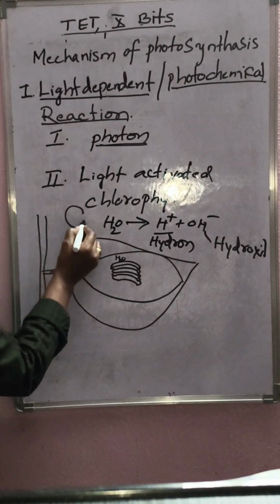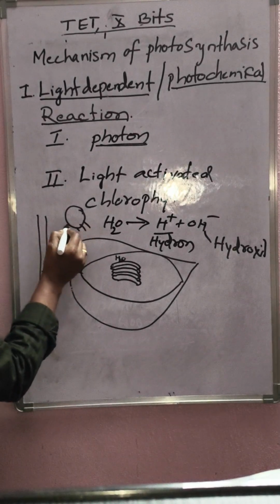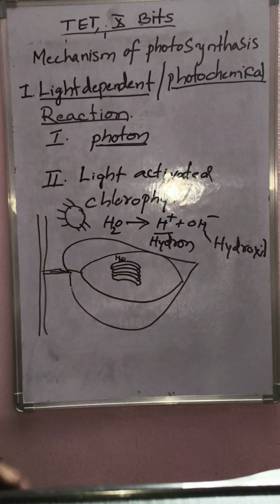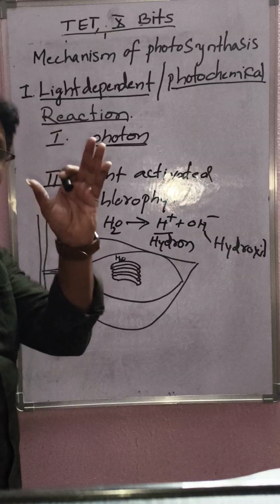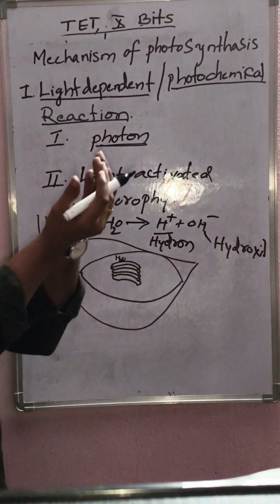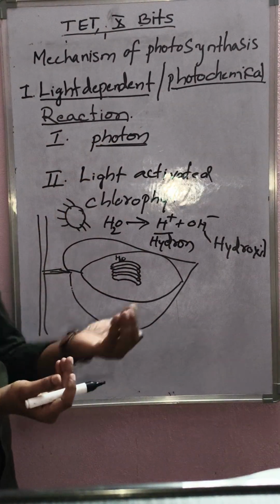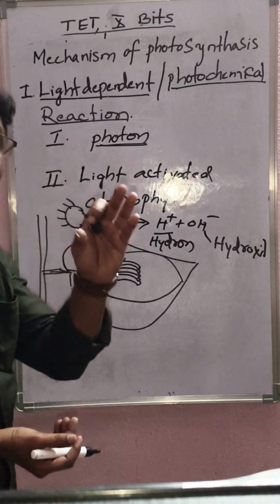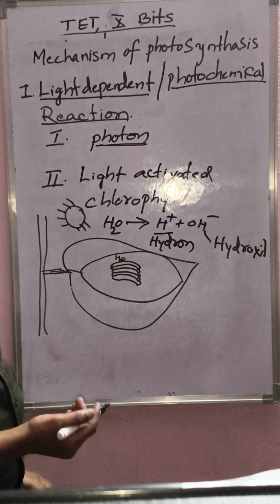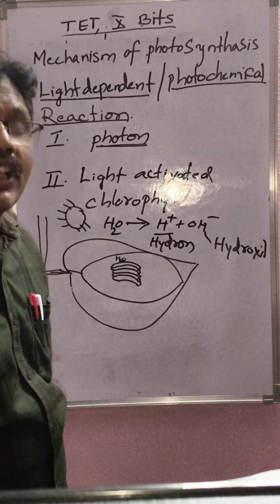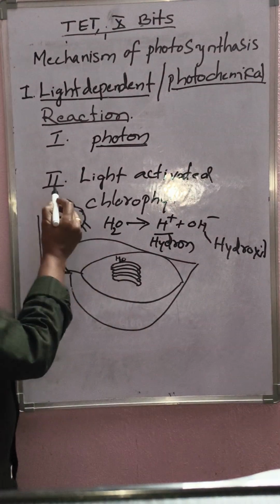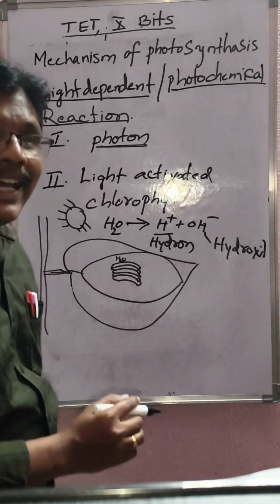When sunlight is focused on the chloroplast, the chlorophyll inside it absorbs the sunlight containing photon energy. Sunlight contains a special energy called photon energy.